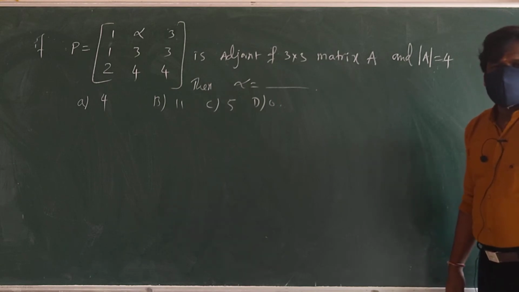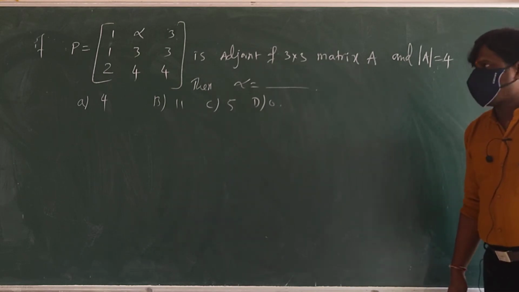So we have the properties. Tell me one property relating adjoint and determinant.